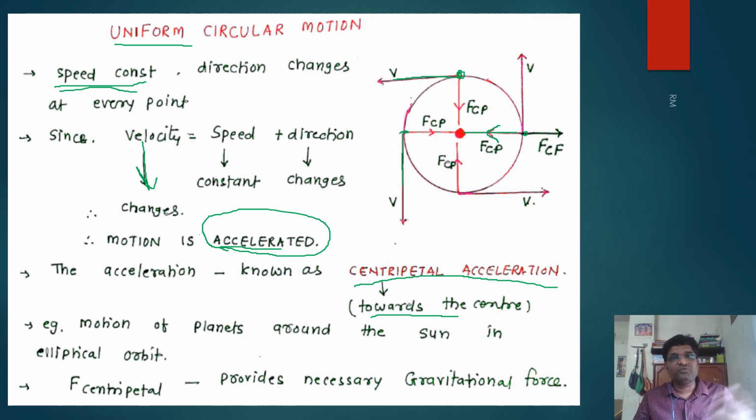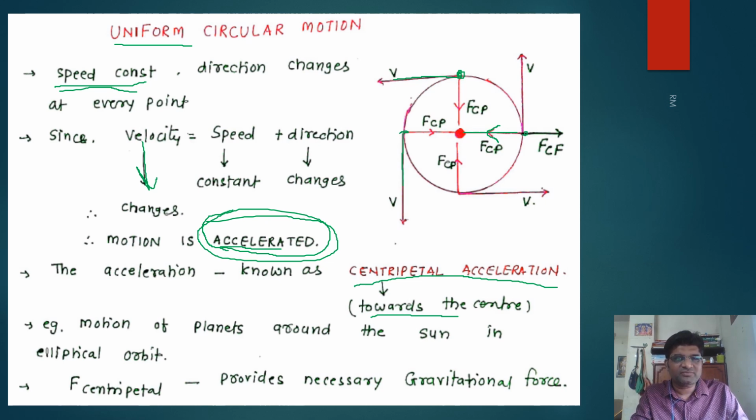The motion of all the planets around the sun in elliptical orbits is one of the examples of this kind of motion. Elliptical is almost like this shape which I have drawn. It is not a circle, it is almost egg shaped. Those motions are uniform circular motion, because all the planets have constant speed but the direction changes at every instant.